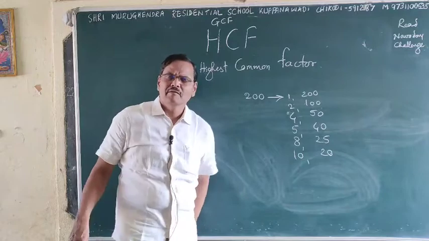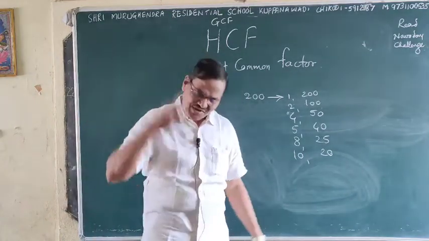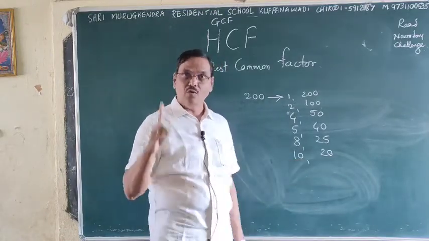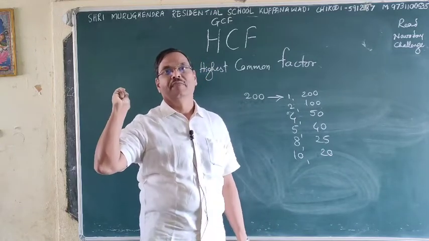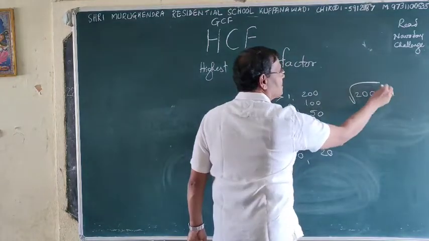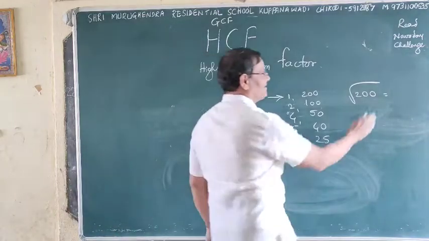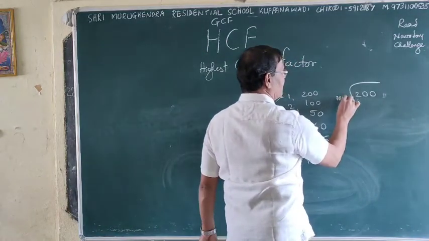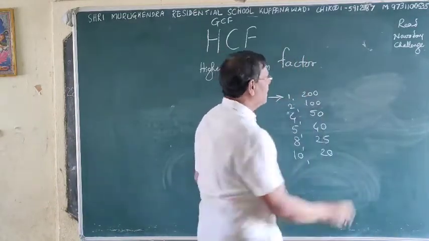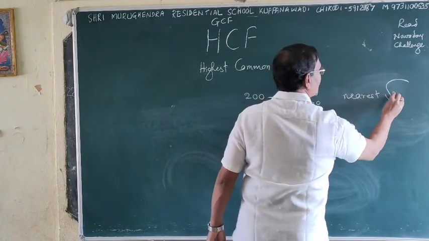How far are you going? 15, 16, 17, 18, 19, 20. Up to 19 you are going to check? No. How many do you have to check? Find the nearest square root of 200.